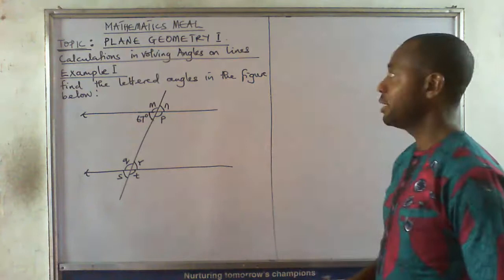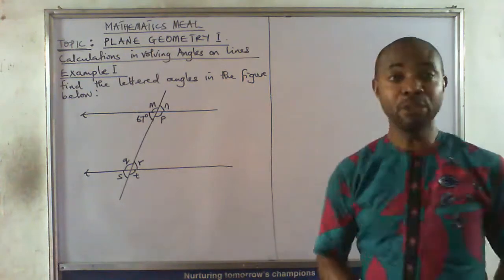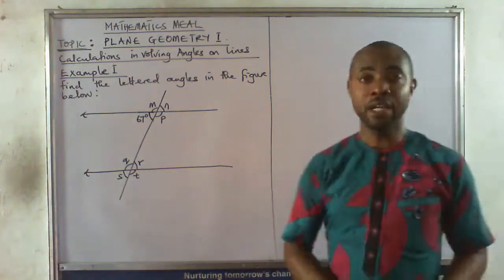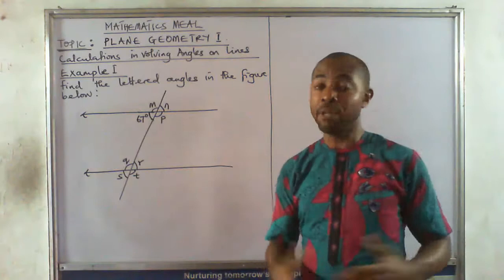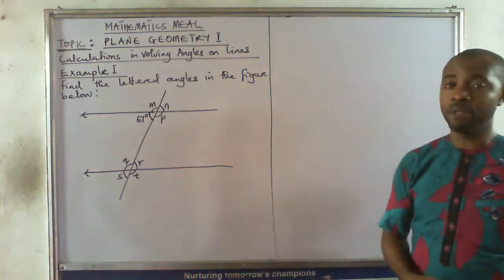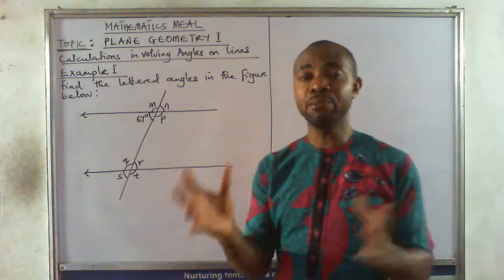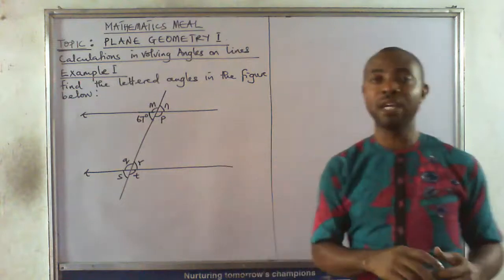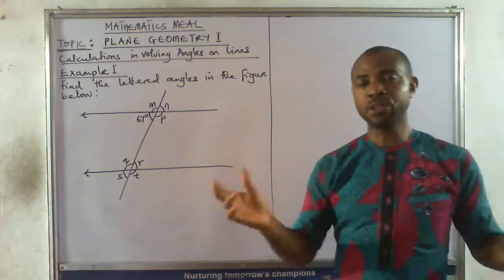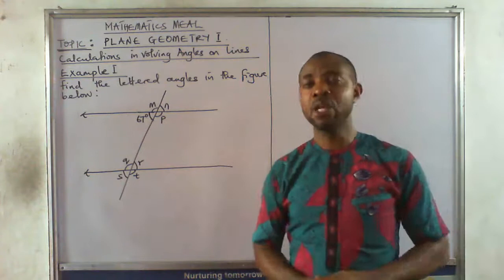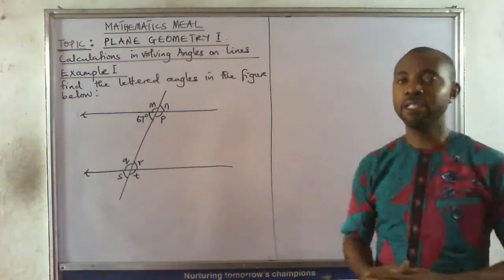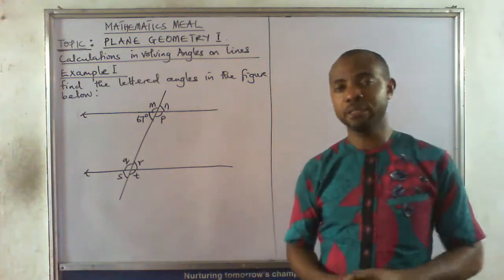Today on Mathematics Meal, we are still looking at plane geometry 1. We have looked at the preliminary part of plane geometry 1, where we saw lines and angles. And then we looked at the valid relationships between lines and angles, where we saw that the sum of adjacent angles on a straight line is 180, and the sum of angles at a point is 360.